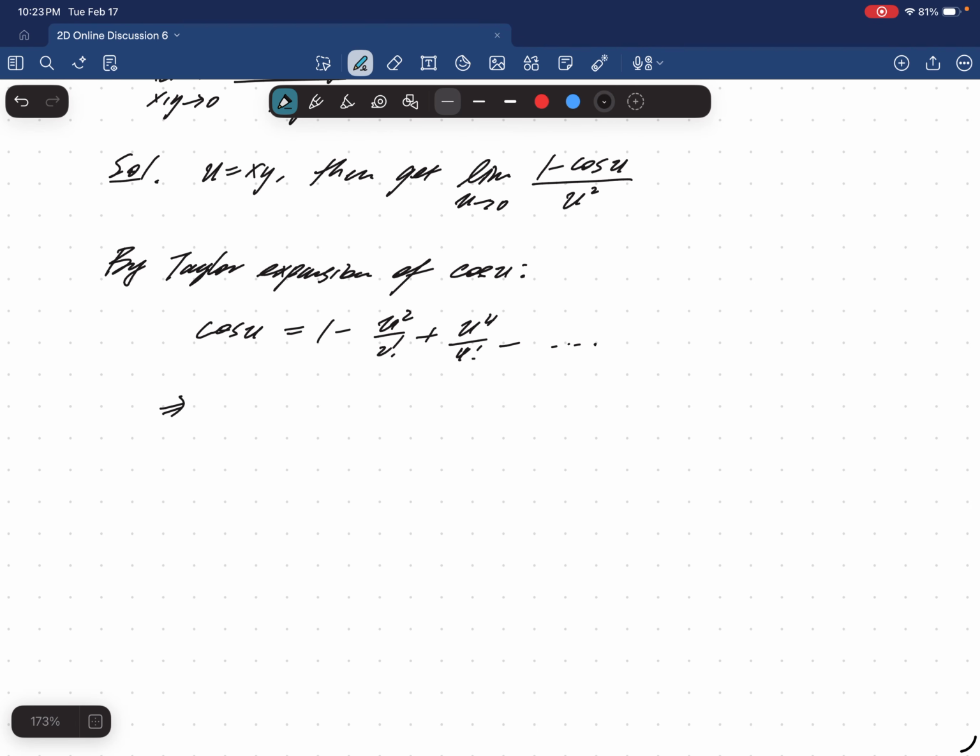So 1 minus cosine u is just equal to u squared over 2 minus u to the 4th over 4 factorial plus some higher order terms.